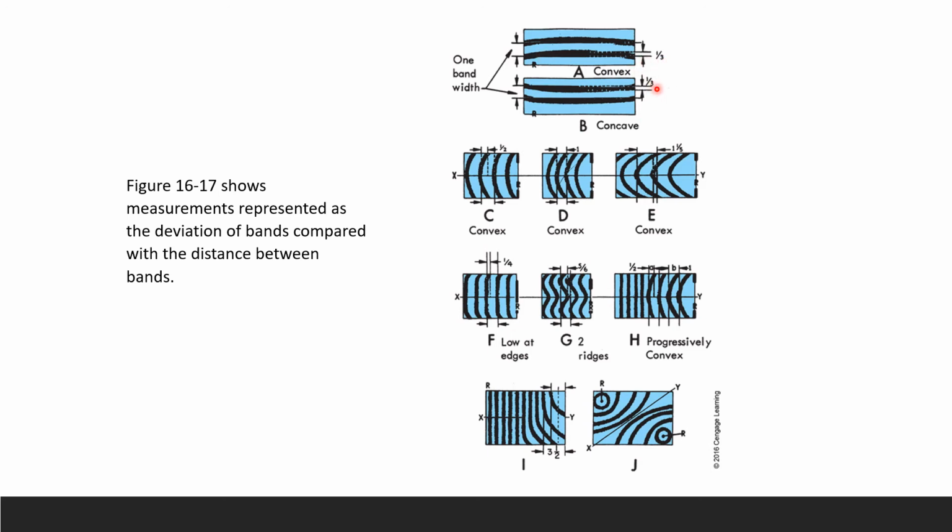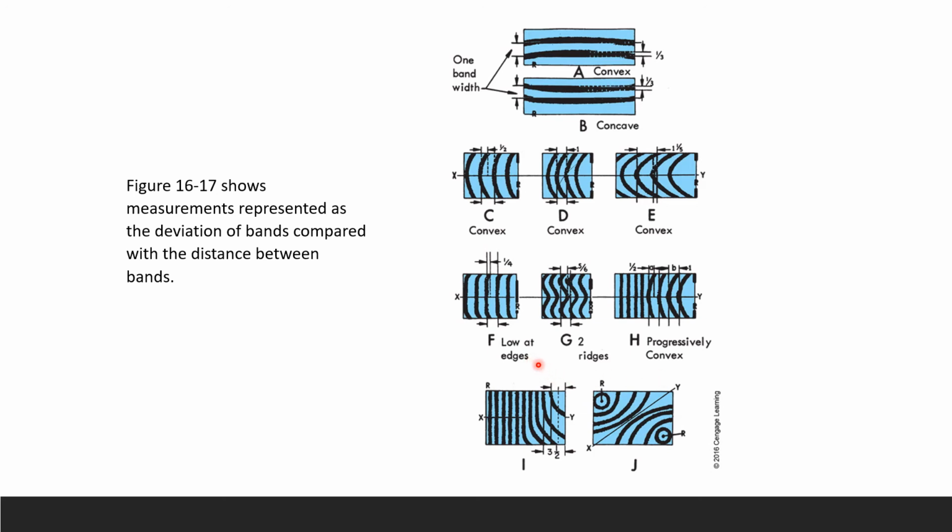That's also 1/3 of this length. So the same thing right here. So that's 1/3. That's 1/2, that's 1 and 1/3. 1/4, 5/6, 1/2. So anyway, we have these deviations, and we're comparing the bands with the distance between them.